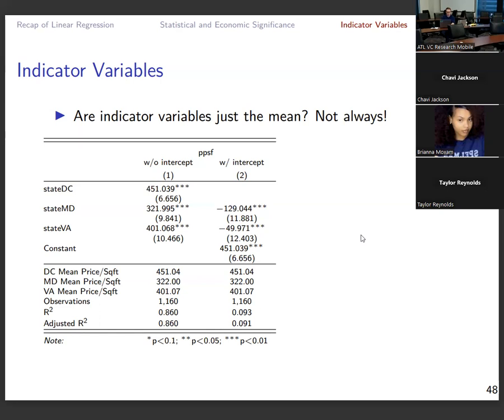So in this particular case, what is the base geographical area that I'm comparing everything to? DC. And so when I interpret these coefficients, they're always relative to the base, which in this case is DC. Now, remember we looked at these factor questions a month and a half ago.